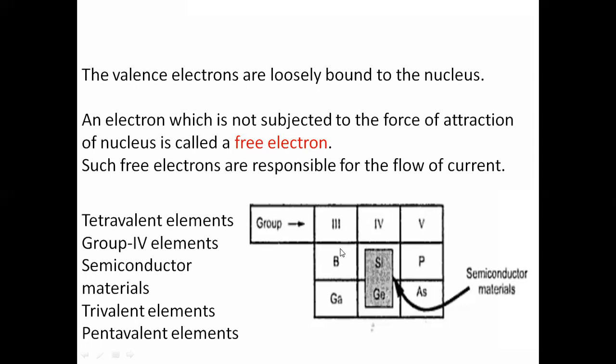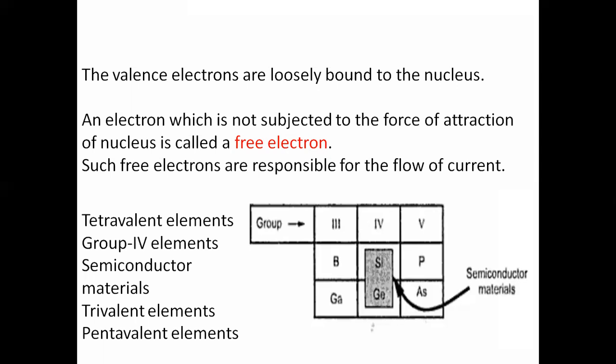Similarly, if we add pentavalent impurities, or elements, to the pure or intrinsic semiconductor, then we will get N-type semiconductor.